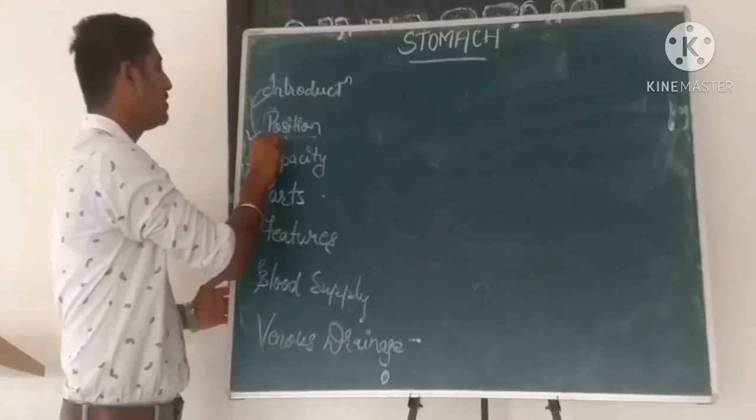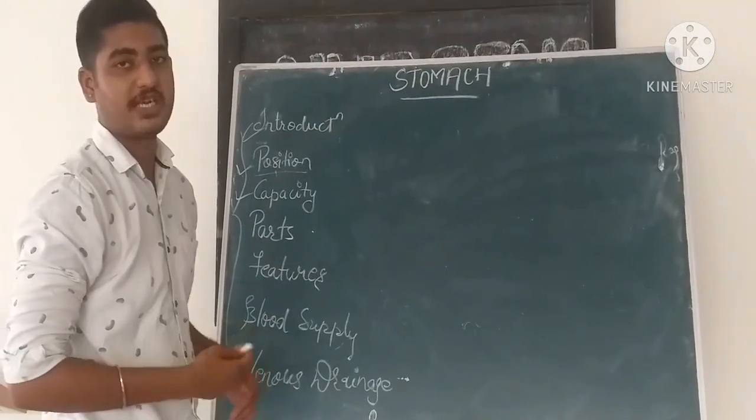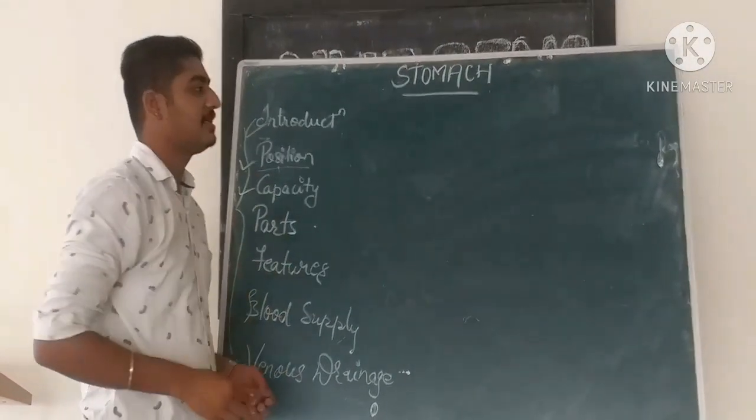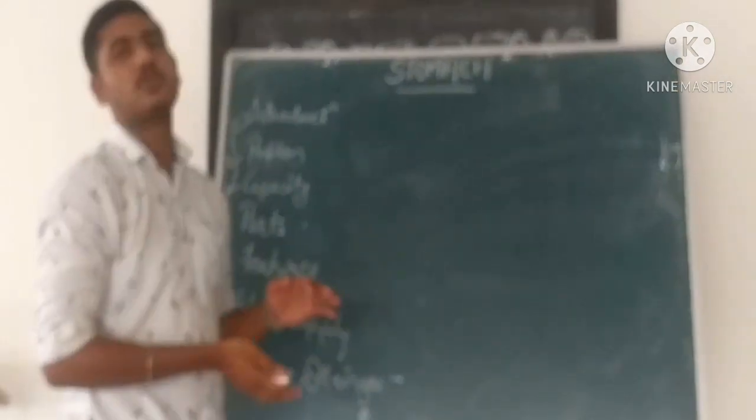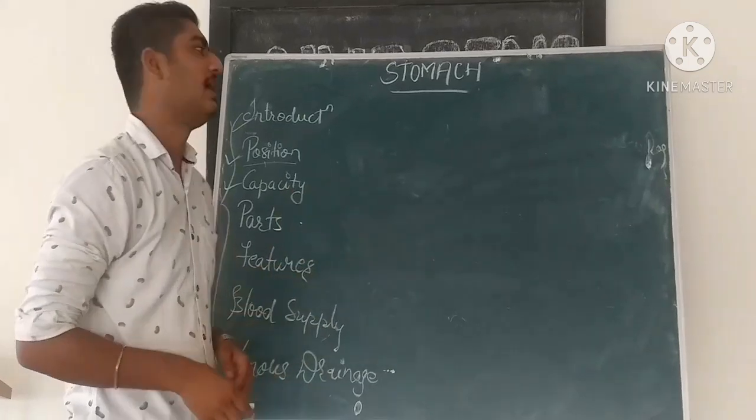Next, the capacity of the stomach. We can divide it into 2 age groups, the infants and the adults.